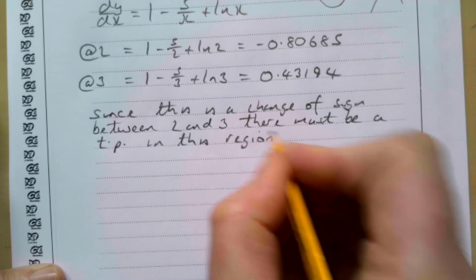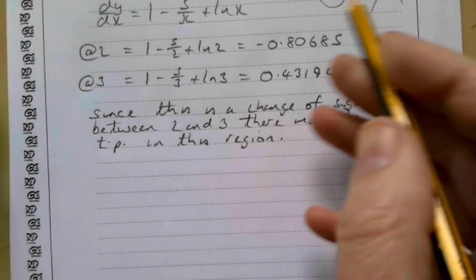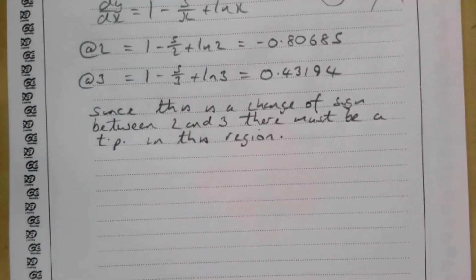You also might want to mention the fact that it's continuous as well. It's a continuous function, so there are no gaps in between 2 and 3, otherwise that might mess it up.